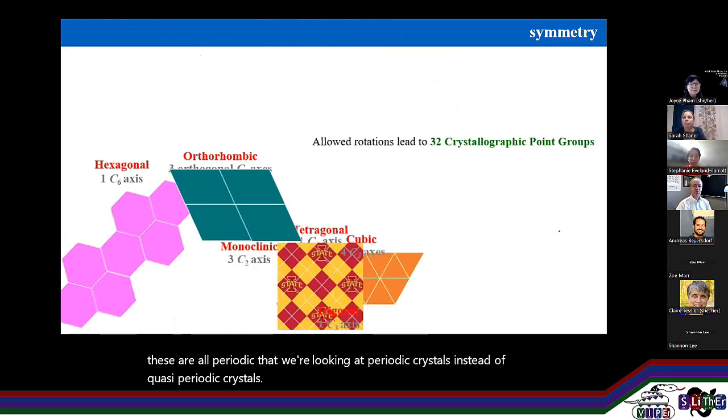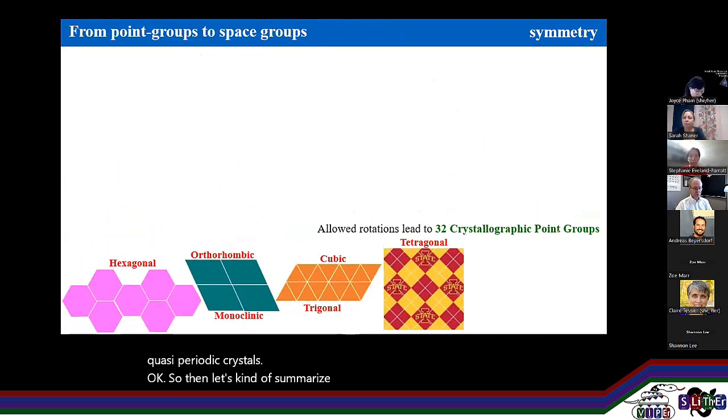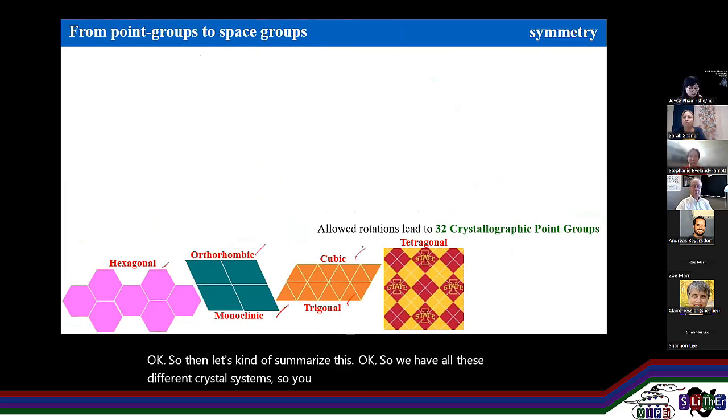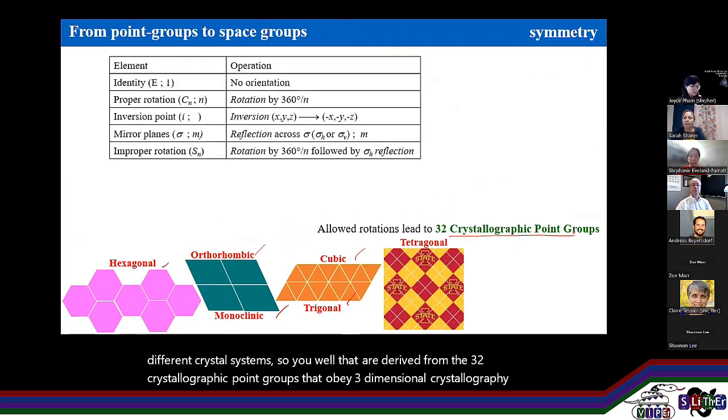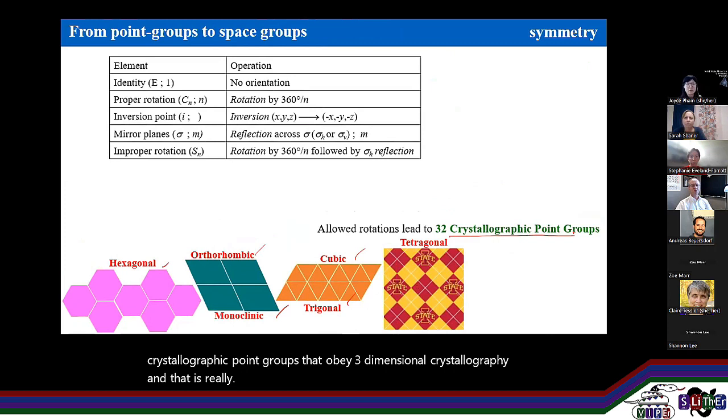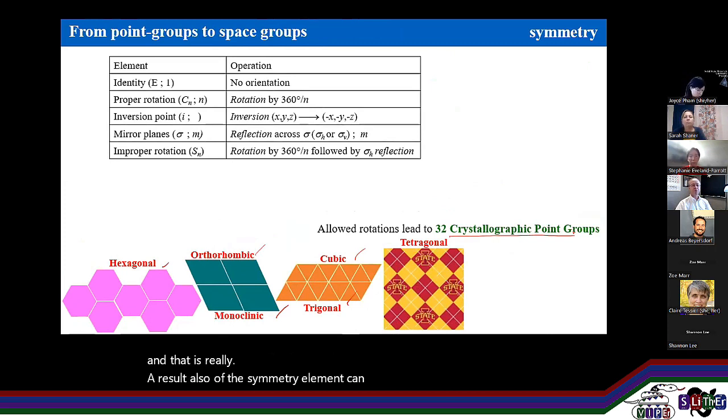Okay, so let's summarize this. We have all these different crystal systems that are derived from the 32 crystallographic point groups that obey three-dimensional crystallography, and that is really a result also of the symmetry elements, okay? There are symmetry elements that we talked about.